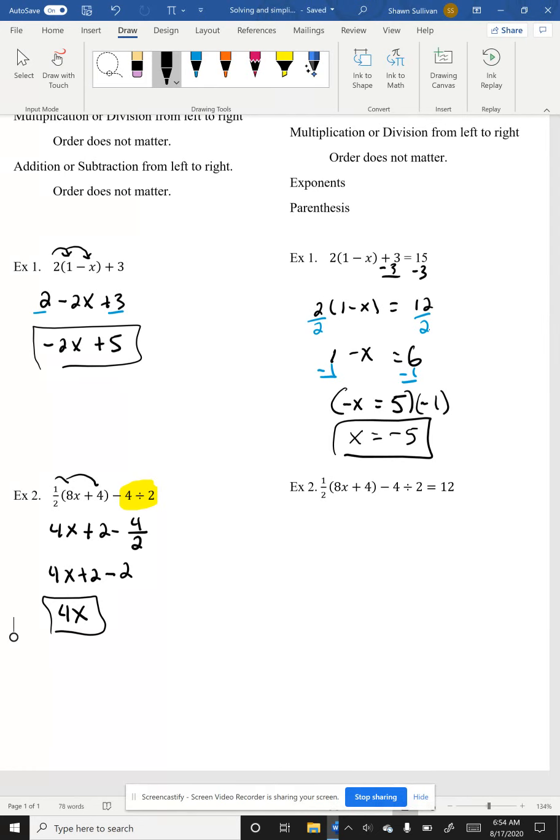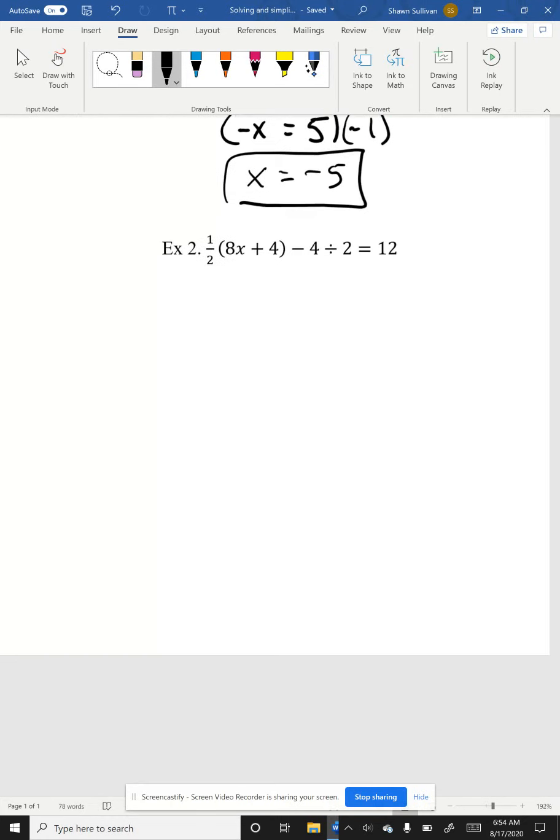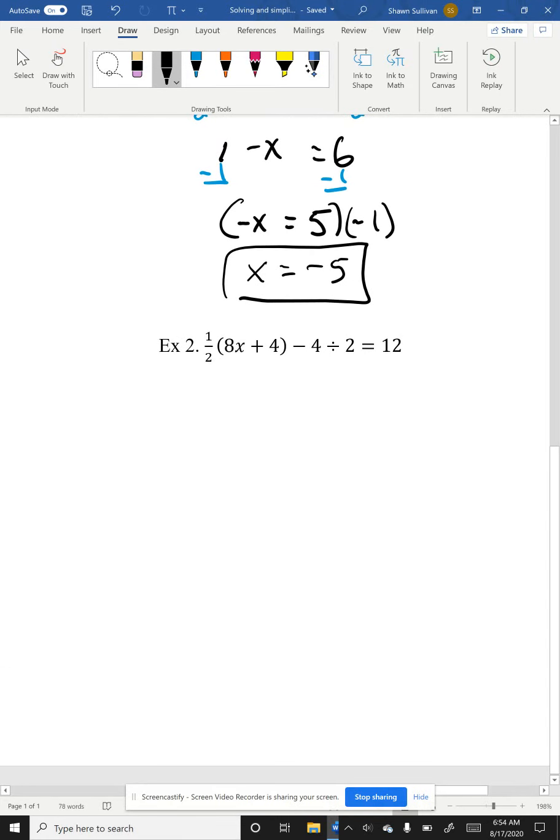What we've got is, I'm going to change this a little bit, move that around, give myself a little more room. I'm going to rewrite our negative 4 divided by 2 as 4 divided by 2 as a fraction. And I'm going to distribute my 1/2 right off the bat.